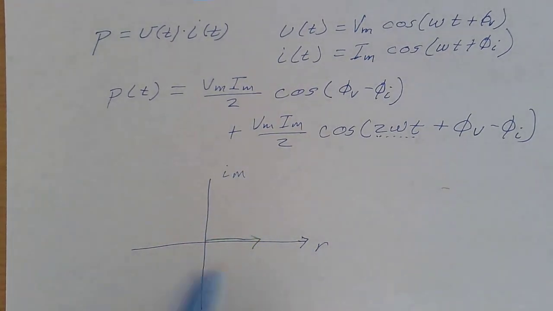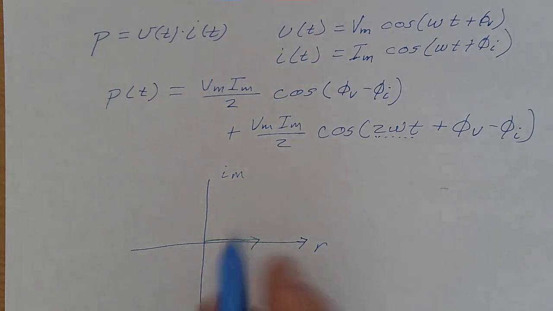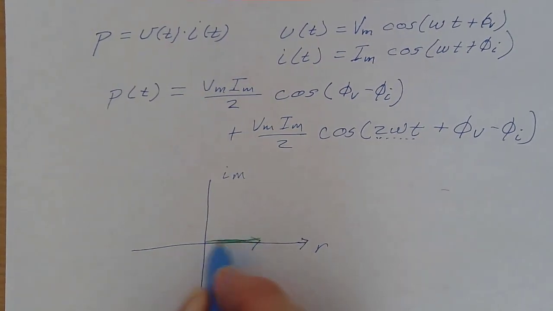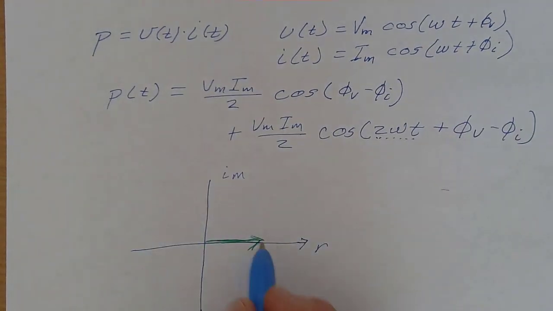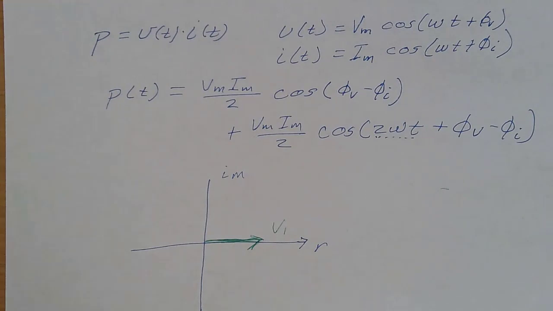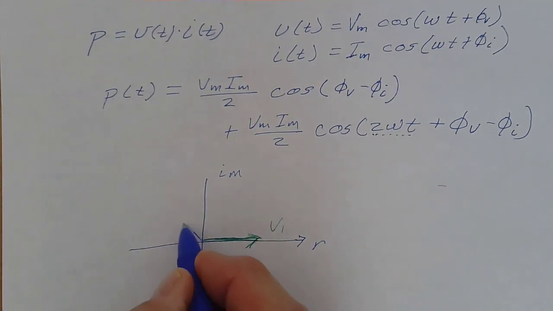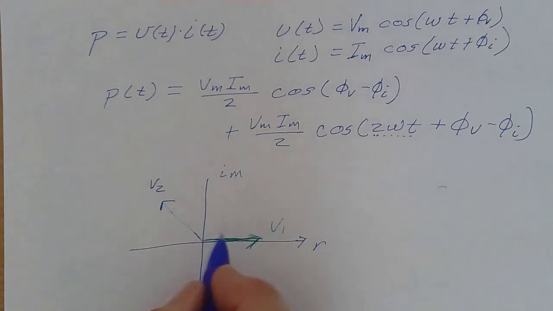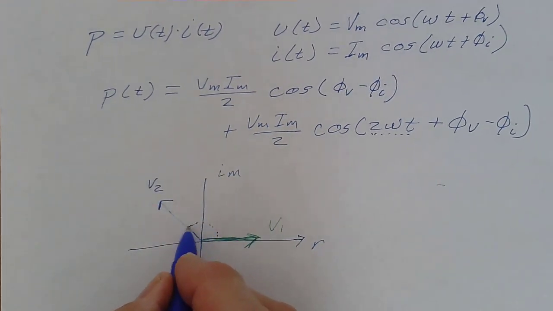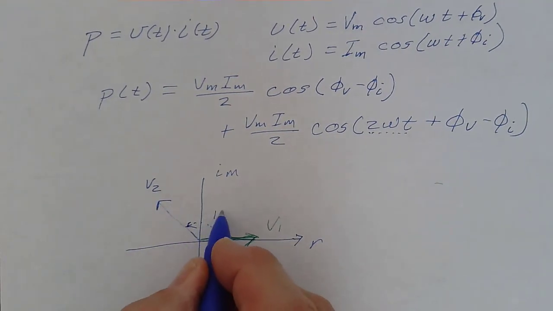Now note, if we've talked about phasors before, this is representing a location at time 0. And if we had this being V1, one of our voltages, we'll want to create another voltage that's out here, V2, which is 120 degrees out of phase.